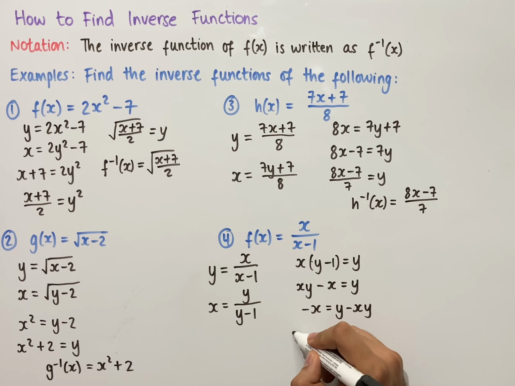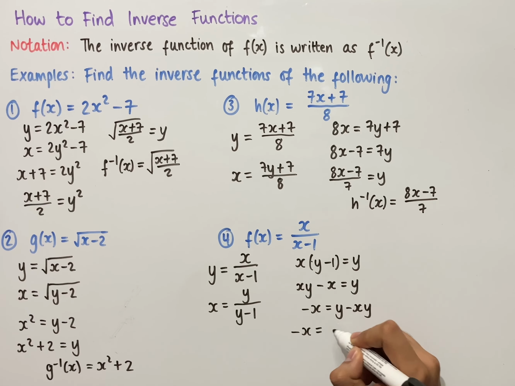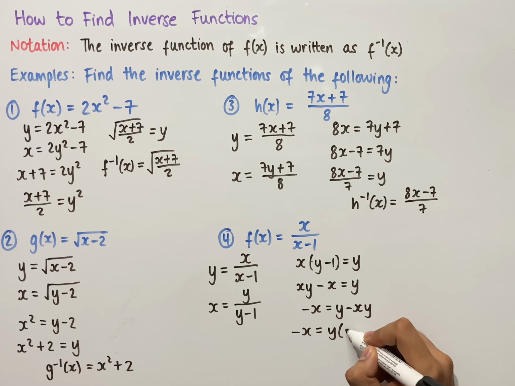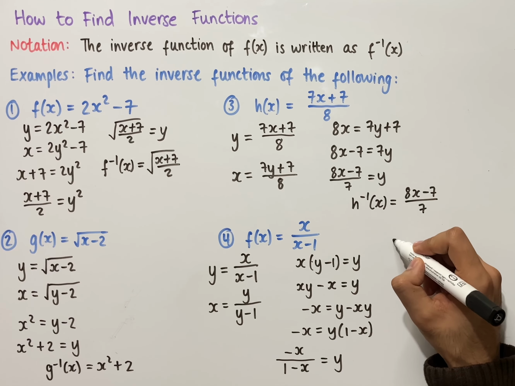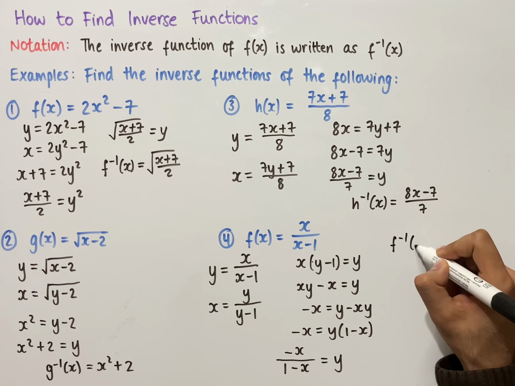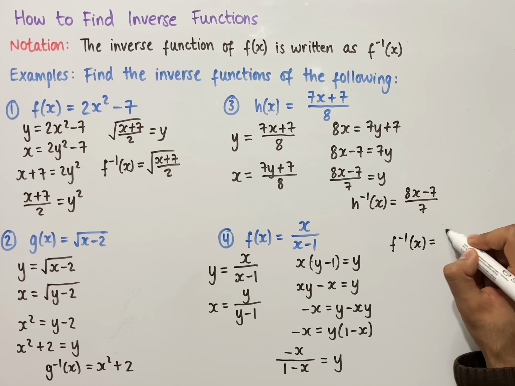And so we end up with minus x equals y brackets 1 minus x. And so finally, dividing both sides by 1 minus x gives us minus x all over 1 minus x, which equals y. And so using our inverse notation, we have that f inverse of x equals minus x over 1 minus x.